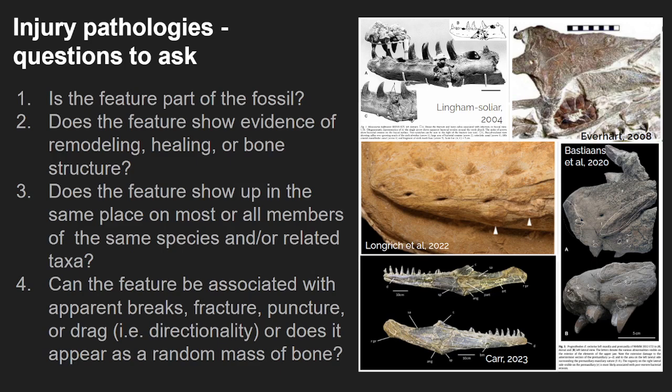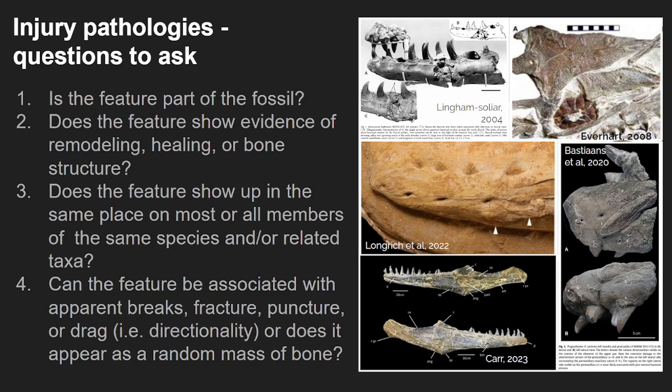So we have a question-based framework that we can use to establish when we are looking at an injury pathology. So number one, is the feature part of the fossil? And if the feature is part of the fossil, we can exclude sediment and crustation. Does the feature show evidence of remodeling, healing, or bone structure? And if that's the case, we can exclude both bioerosion and unhealed damage to the bone.